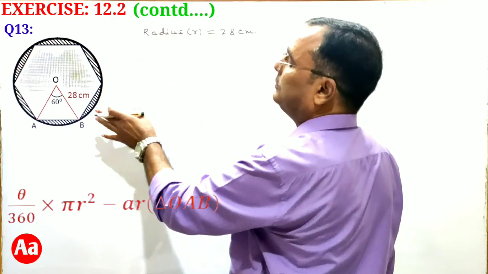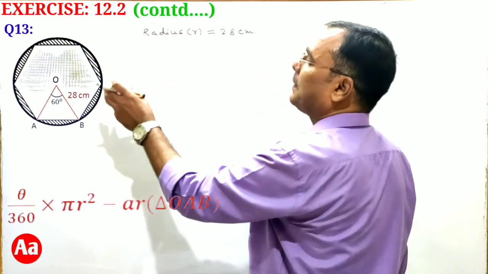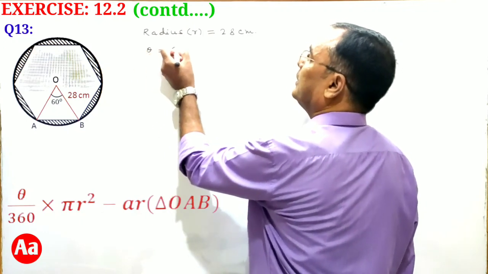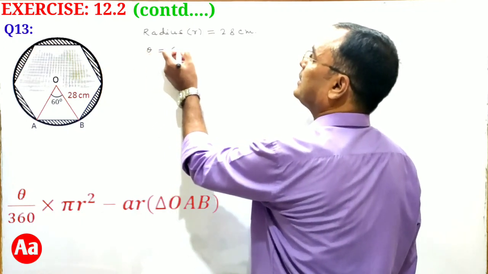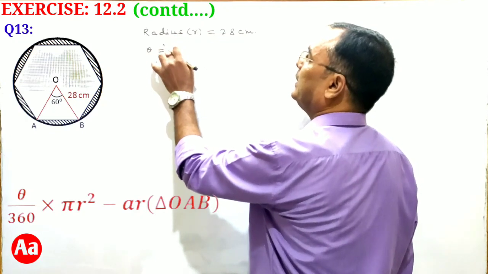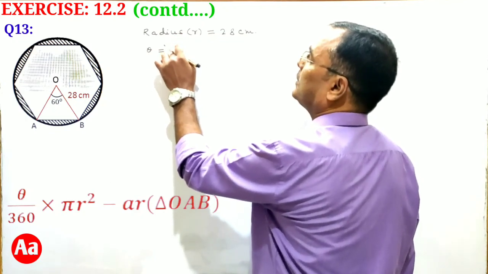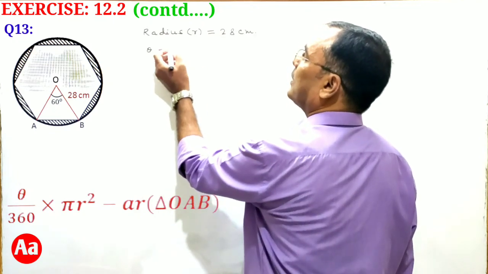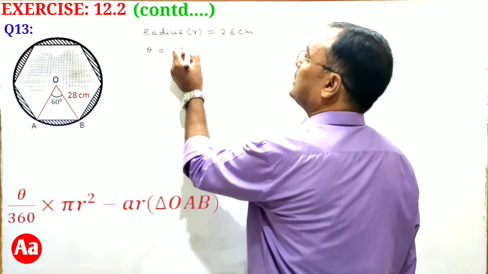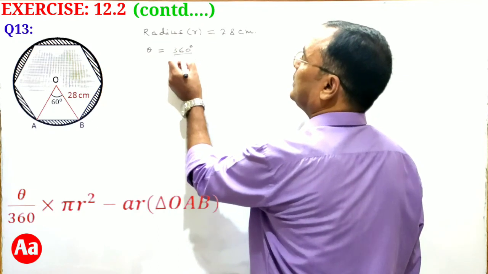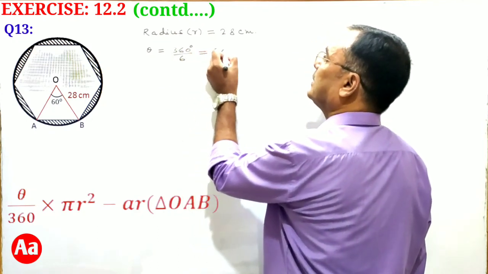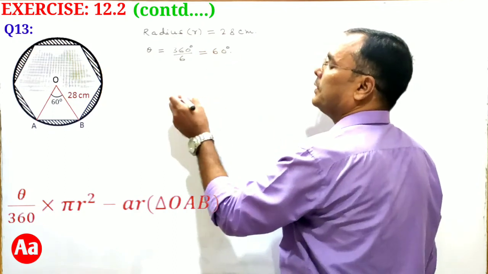And if we consider the sector, then the sector angle theta will be 360 degrees divided by 6, because there is a regular hexagon, so that will be 60 degrees.